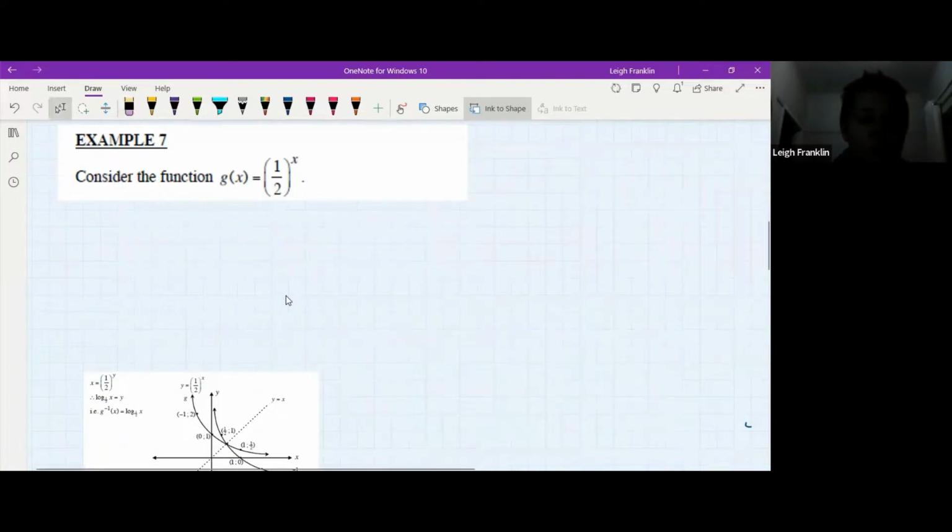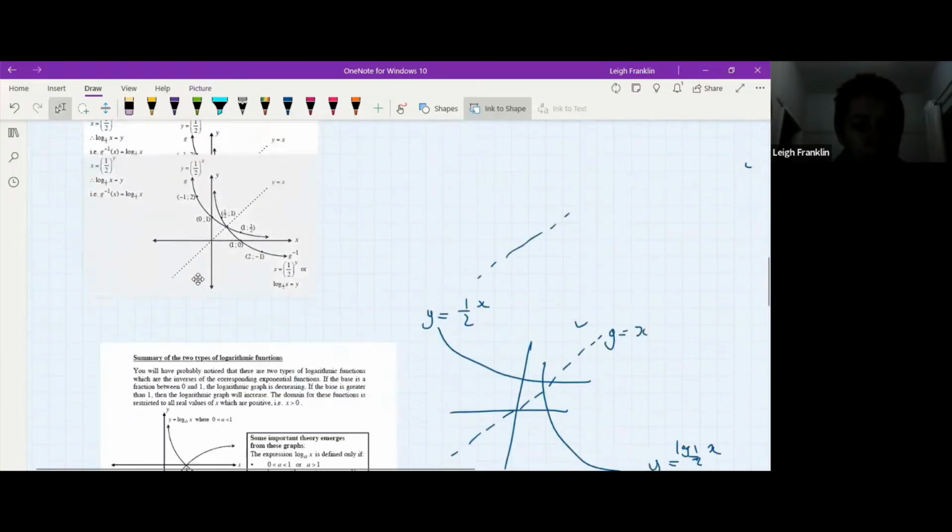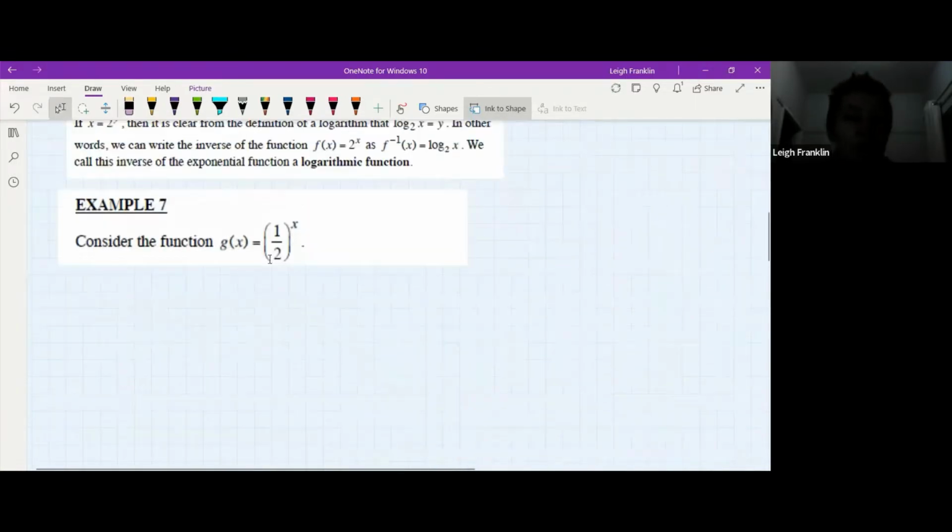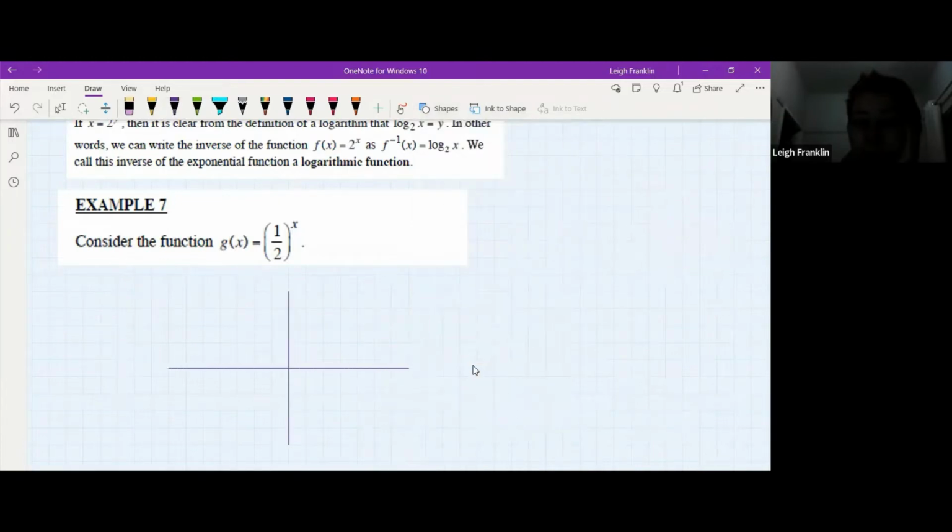But now the question is, let me just move that down and out the way, what does g of x equals 1 over 2 to the x look like? If somebody asked you to sketch it quickly, would you know how to do that? What does that particular function look like? Can anyone tell me?